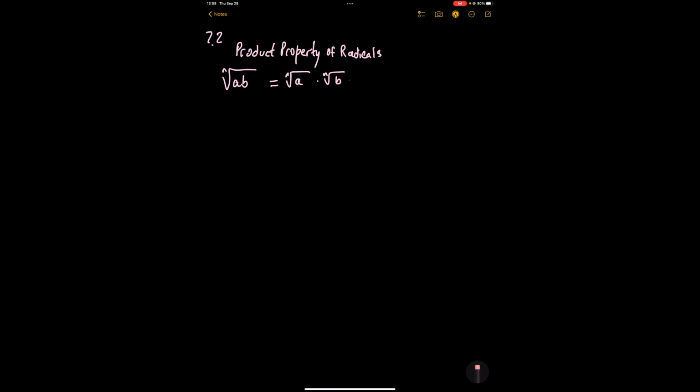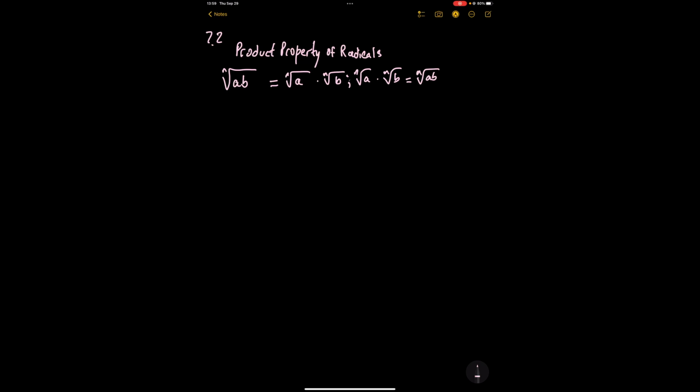If you have the nth radical of a times the nth radical of b, it also equals the nth radical of a times b. That's called the product property of radicals. So keep that in mind when you have to do multiplication of radicals.